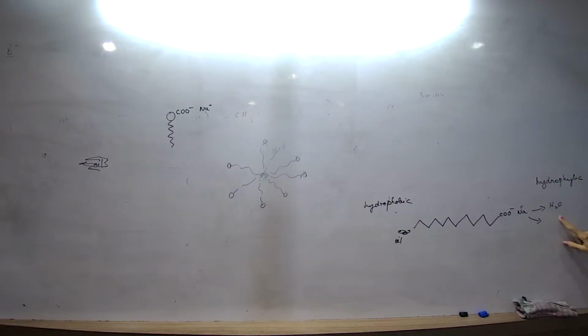This part of it will be inside the water because it likes water, whereas the tail part of it will be above the water. What is hydrophilic? Sodium is hydrophilic. This part. The ionic end is in water, and so the hydrocarbon tail protrudes out of water.